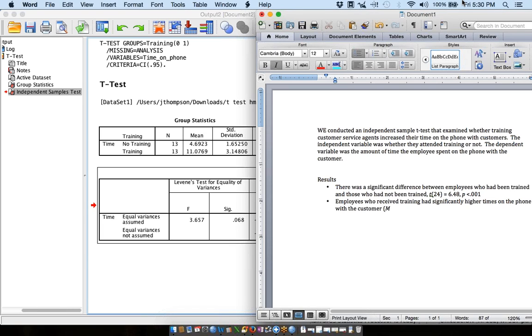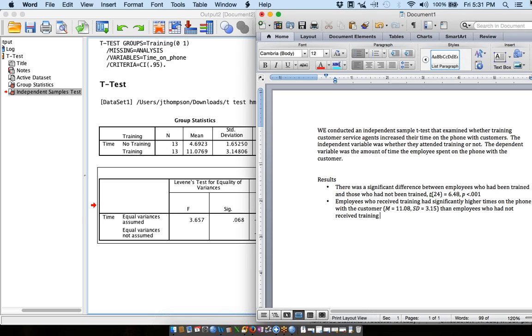Italicized M, capital M, 11.08, italicized standard deviation, 3.15, then employees who had not received training.